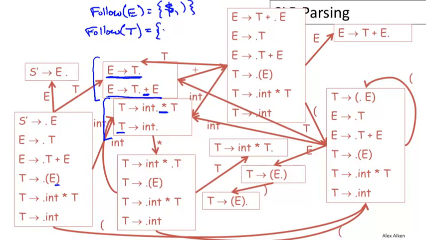It includes everything in the follow of E. So $ and closed paren are in the follow of T, but also plus is in the follow of T because of this usage over here in the grammar where plus appears immediately after T. But those are the only things in the follow of T. So now we're going to reduce only if we're out of input or if the next input item is a closed paren or a plus, and there's also no longer any shift-reduce conflict in this state. And so this grammar is an SLR(1) grammar.